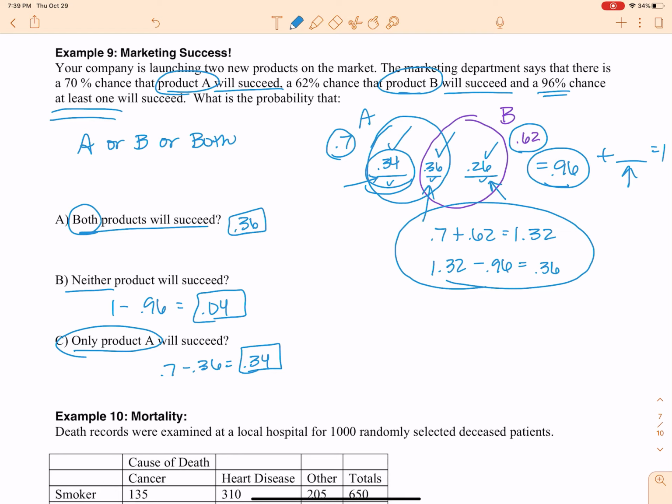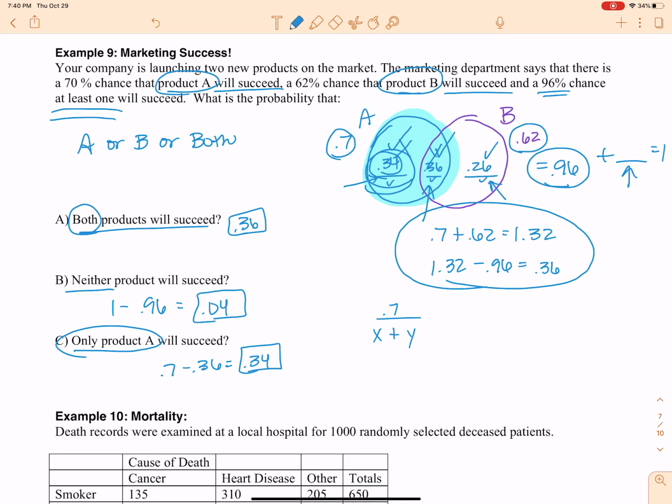All right? Okay, so in this circle A, I have two values added together, right? I already know 0.34. All right, so I've got two values, x plus y, let's say. So I'm calling this x and this y. So x plus y gives me my 70%, right?